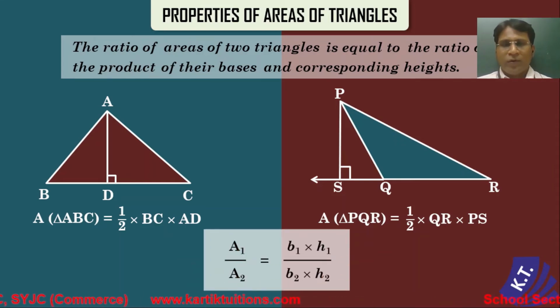Now let's go one step ahead. This can also be represented as A1 upon A2 is equals to B1 into H1 upon B2 into H2, where A1, B1 and H1 are area, base and height of first triangle. A2, B2 and H2 are area, base and height of second triangle.